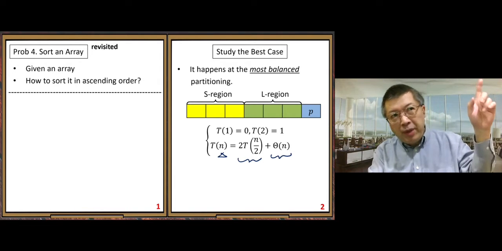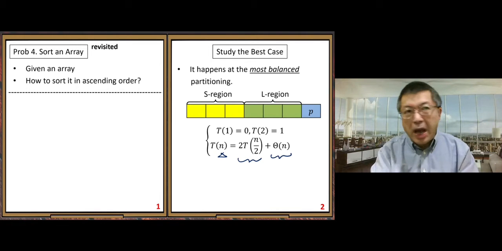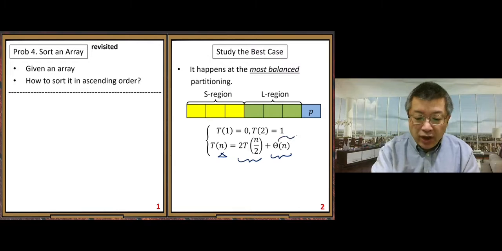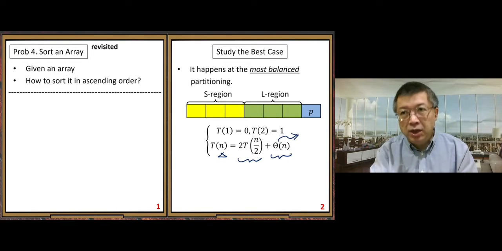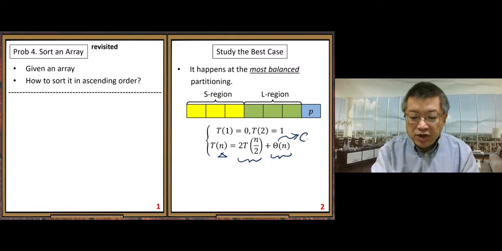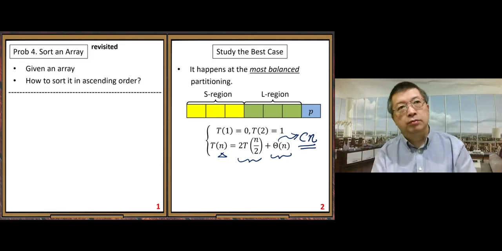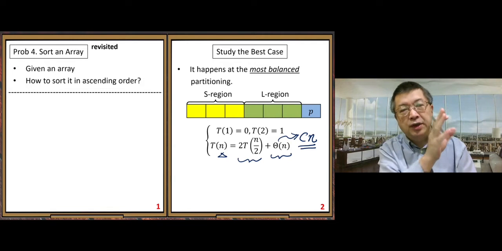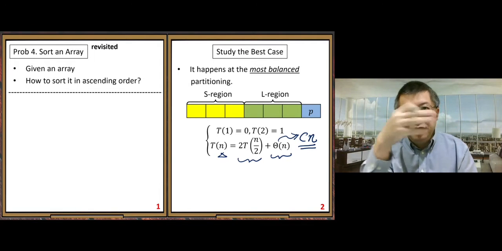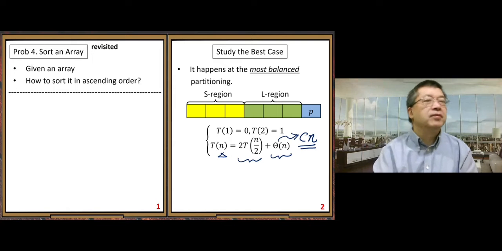Although here I put big theta of n, this is not a rigorous expression. We know the meaning, but actually we should replace this asymptotic notation by some c times n, where c is a fixed constant multiple, times data size n.